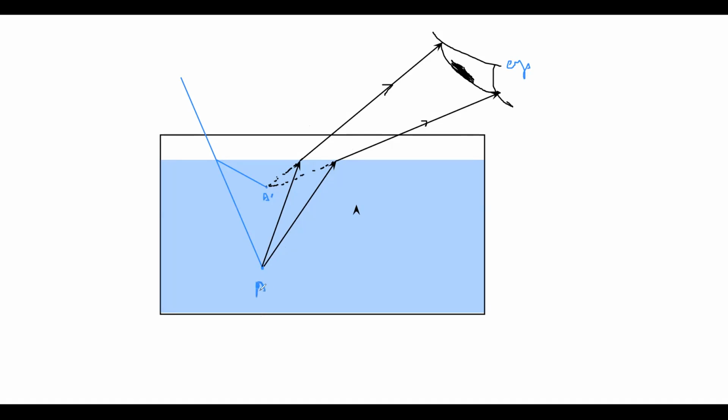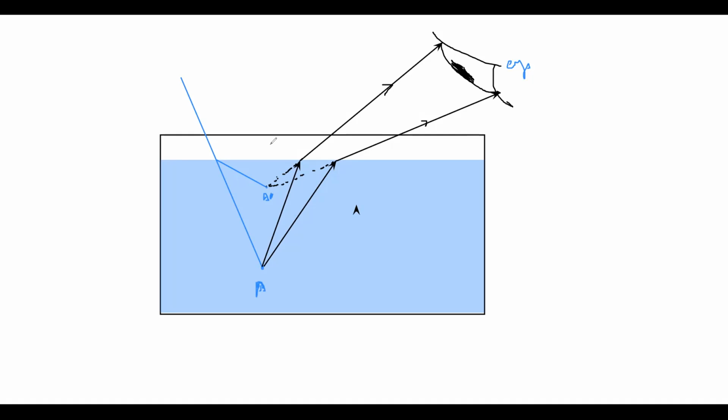Originally it was A, but now A dash. This is a new position which our brain creates, and due to this imagination, it appears that the pencil or pen or ruler is bent or broken. But in reality, it does not happen. It's just our imagination. It's a virtual image created by the brain.